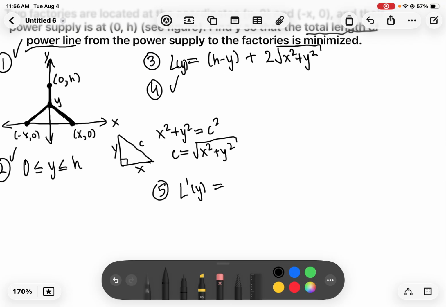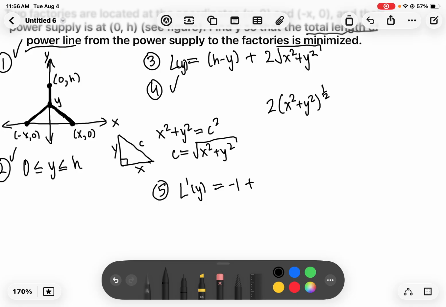The derivative of h with respect to y is 0 because it's a constant. Then the derivative of negative y with respect to y is negative 1. Plus, we have 2 square root of x squared plus y squared, so let's differentiate that. I'm going to rewrite it as 2 times x squared plus y squared to the 1/2 power.